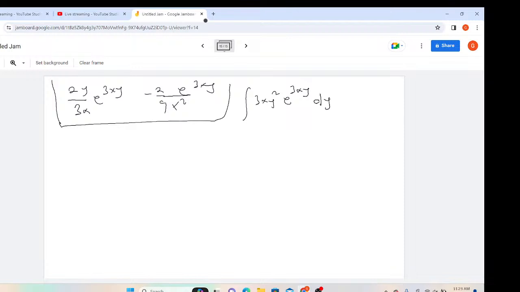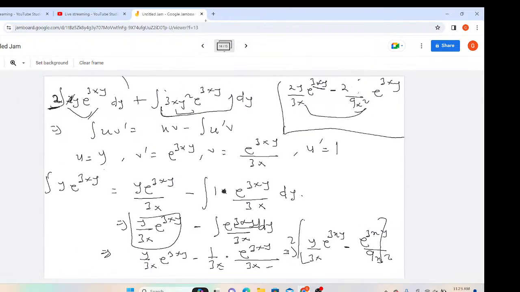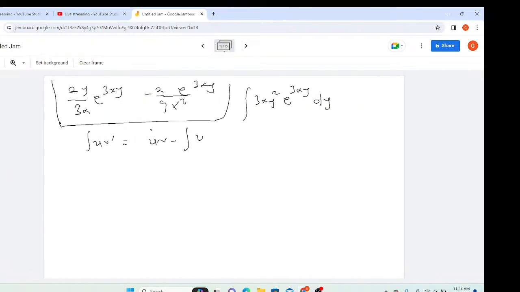with respect to y. So we can apply the same thing. Integral u v prime is equal to uv minus integral u prime v. We can see what will be our u and what will be our v prime. Our u should always be the function that we can actually differentiate till we get to 0.